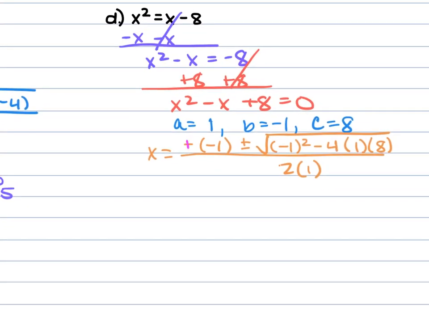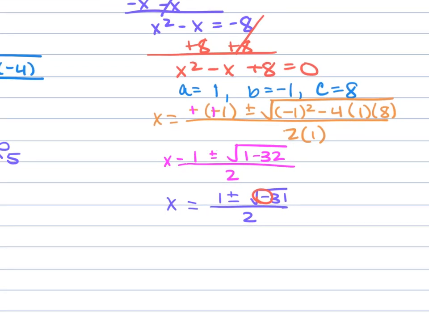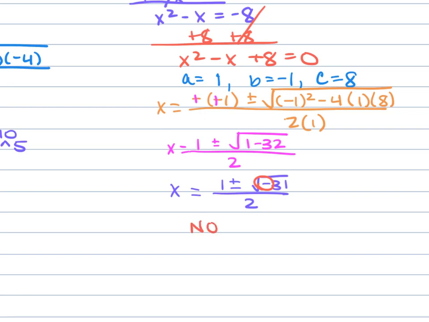So from here, those two negatives become positive, so x is equal to positive 1 plus or minus the square root of negative 1 squared is 1, minus 4 times 1 is negative 4, times 8 is negative 32, all over 2 times 1, which is 2. We simplify this further to give us x is equal to 1 plus or minus the square root of negative 31, all over 2. We cannot take the square root of a negative, so this is no solution.